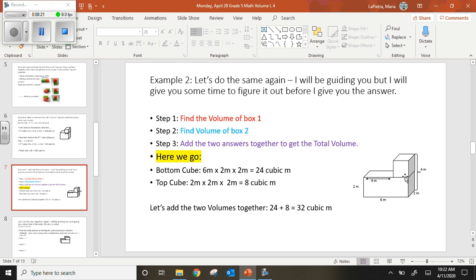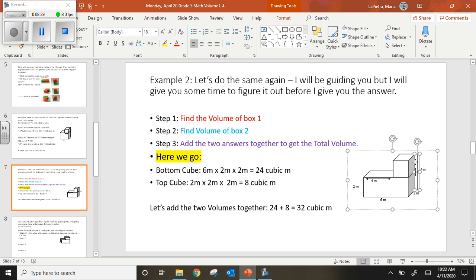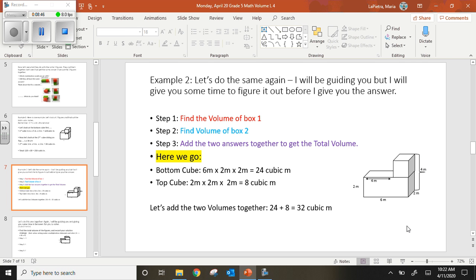So my top box would be 2 times 2 times 2. Not 4, because 4 is the whole entire side. And if I said 4 minus 2, I would get 2 for up here. Okay? All right. So the top cube was 2 times 2 times 2.